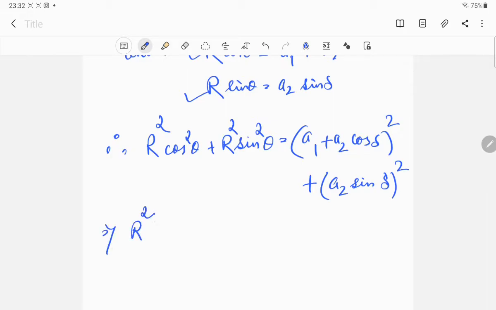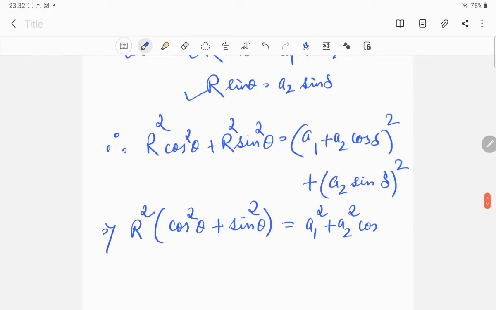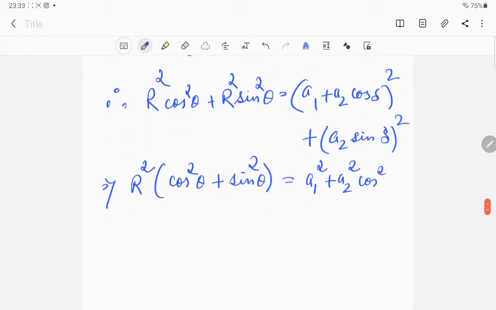So it is r square (cos square theta plus sine square theta) is equal to a1 square plus a2 square cos square delta plus twice a1 a2 cos delta plus a2 square sine square delta.